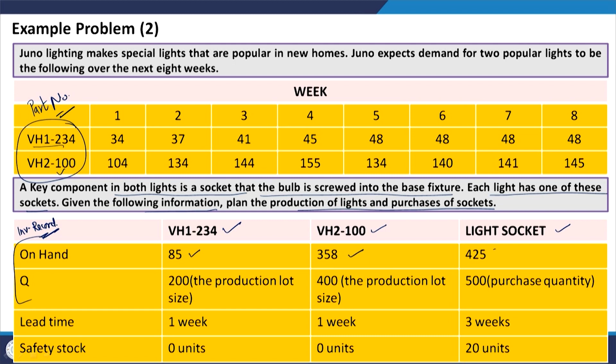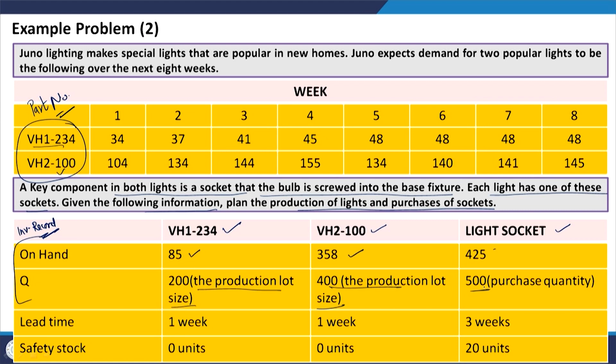Now, the production lot sizes mean that whenever you order, you will order either 200 units or 400 units, and the light socket you will purchase in 500 units. Lead times are also given, 1 week and 3 weeks.